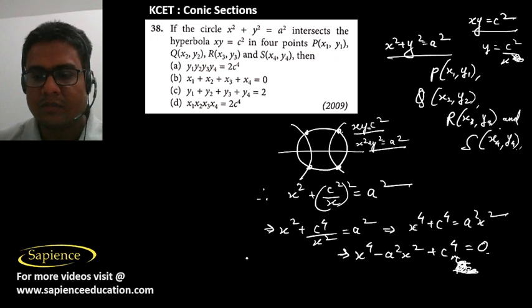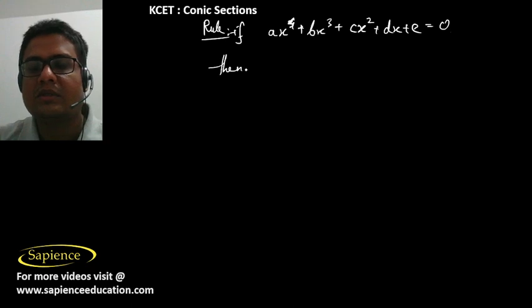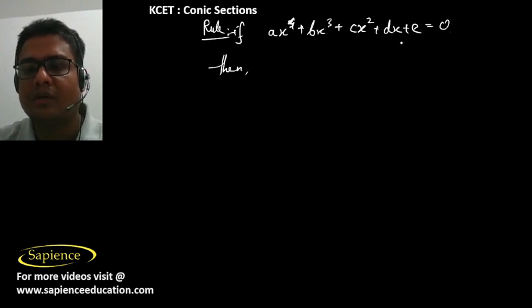Okay, so the rule is that if we have the equation ax power 4 plus bx power 3 plus cx square plus dx plus e equal to 0, then we know that it will have 4 real roots.